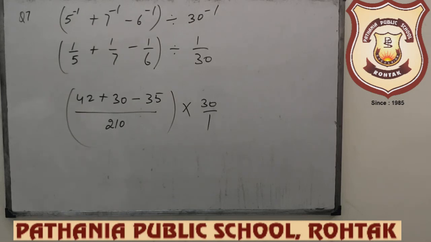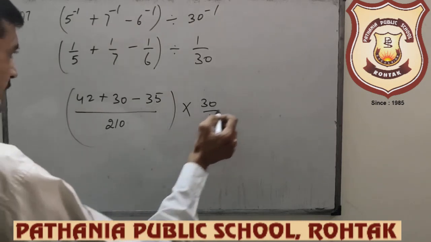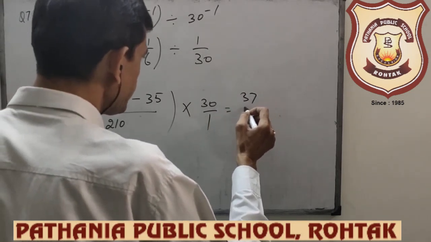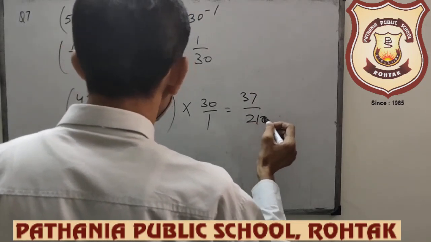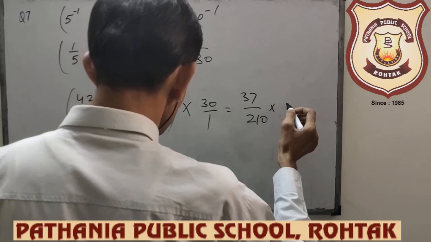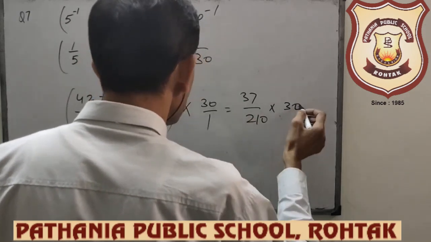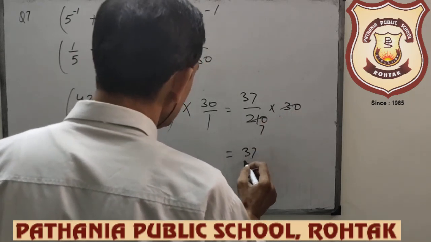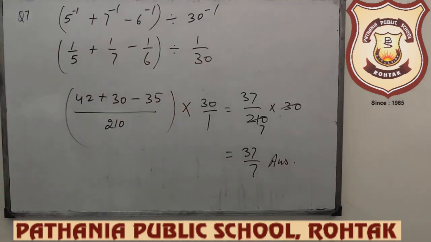So what is now? 42 plus 30 minus 35 is 37 by 210, into 30. So what is it? Cancel this by 7. 37 by 7 is the answer. In this way you can complete the 7th question.